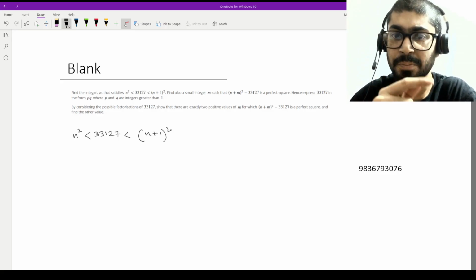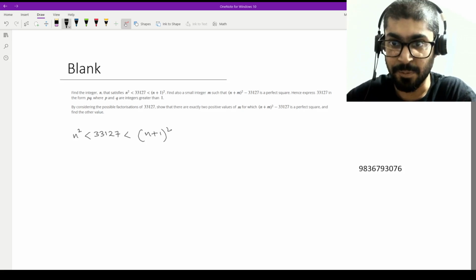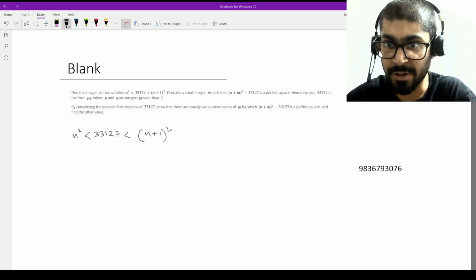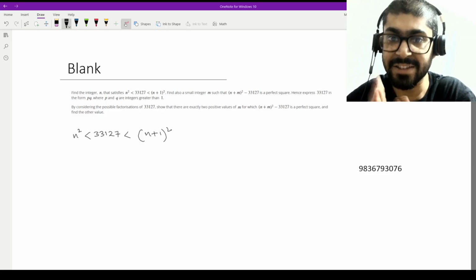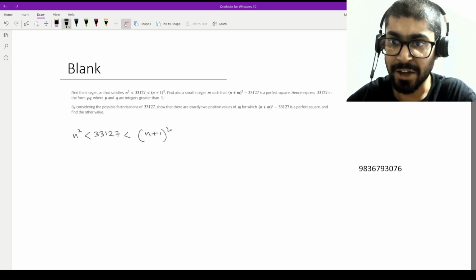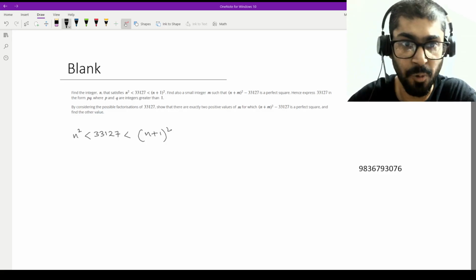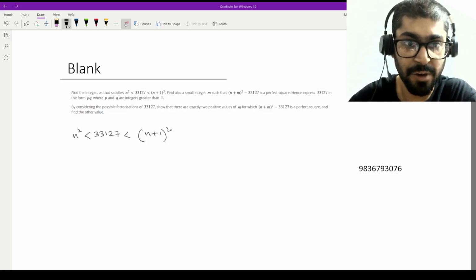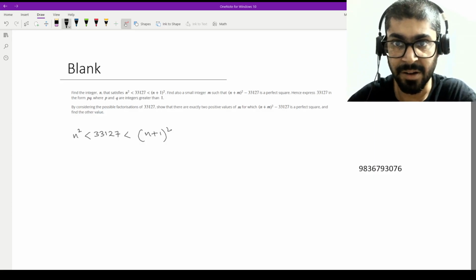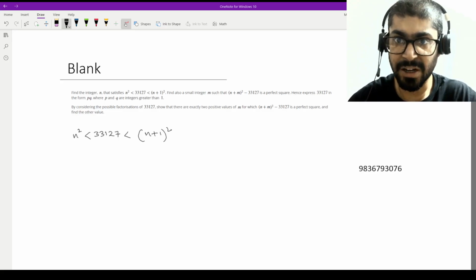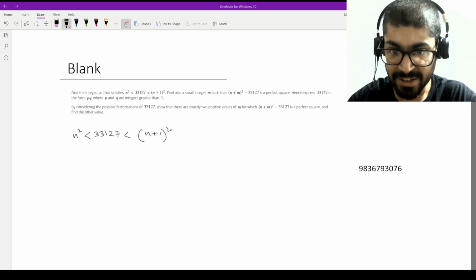So 180 square would give you 32400. That is already lesser than 33127, so I should start attempting from 181. I should check 181 square and see if it is actually smaller. Now, what am I doing with the number and its next number?